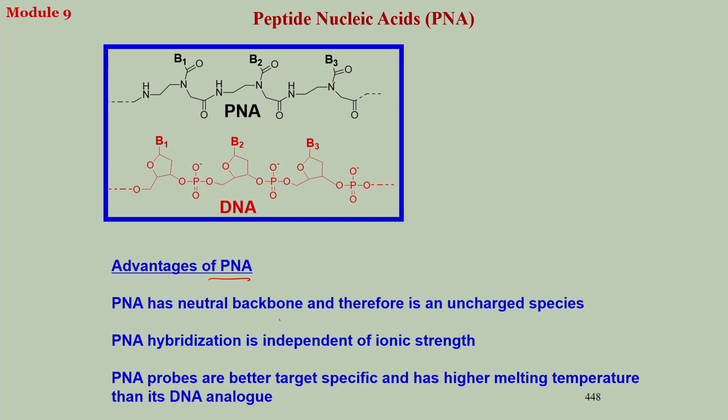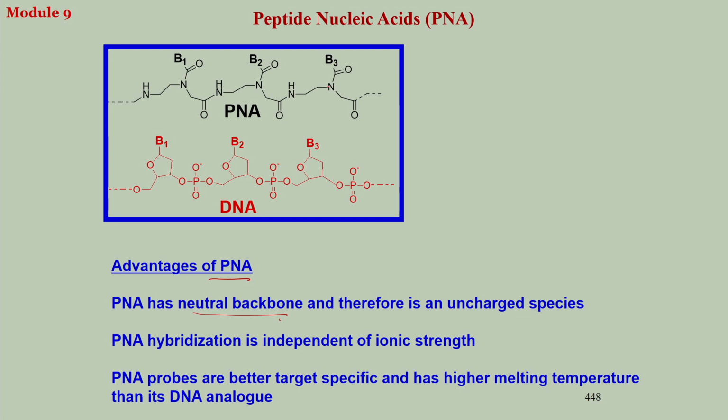So, this is the structure of PNA, and this is the structure of DNA I have talked about already. The advantage of using PNA, I think I have mentioned already, is that PNA has a neutral backbone, there is no charge in the backbone, and therefore it is an uncharged species. PNA hybridization is independent of ionic strength. This is very important actually.